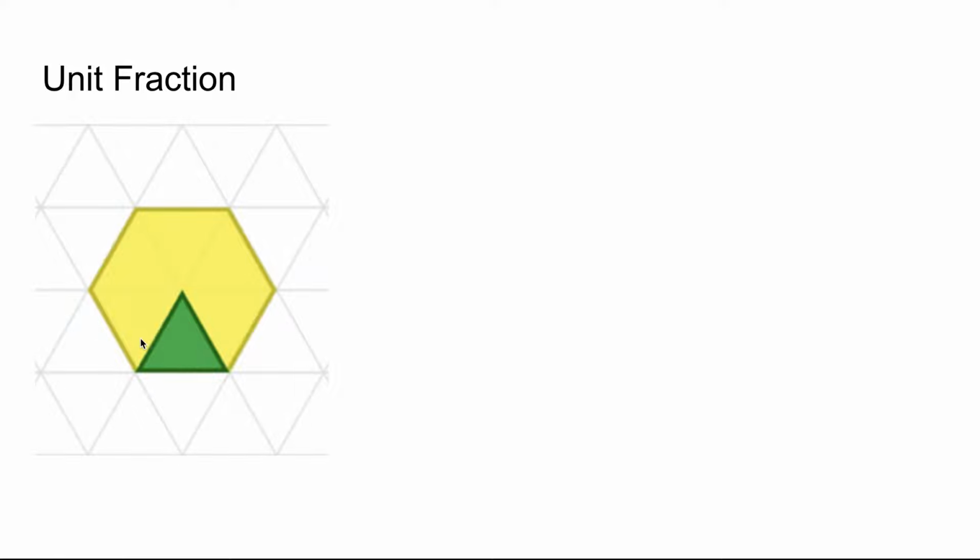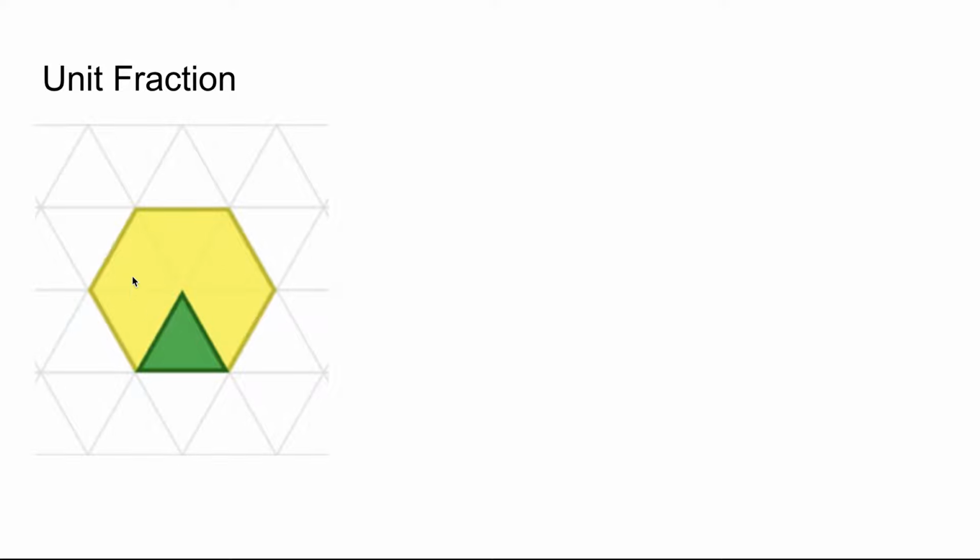Okay, so if I ask you a question like, can you represent this yellow part of the hexagon as a fraction? How would you say that? We are counting how many sixths there are. So we're going to count by sixths. 1/6, 2/6, 3/6, 4/6, 5/6.